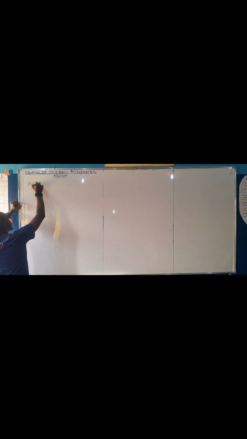Let's put it into a formula. What I said was this: acceleration is change in velocity over time. Change in velocity over time. So that will give us v minus u over t.